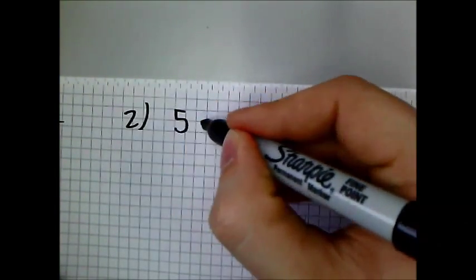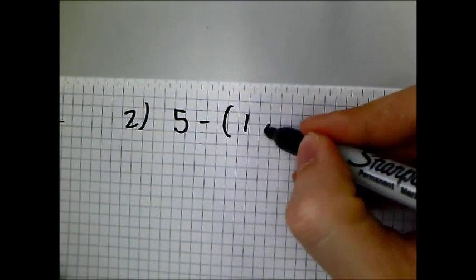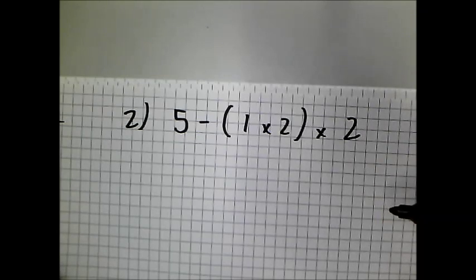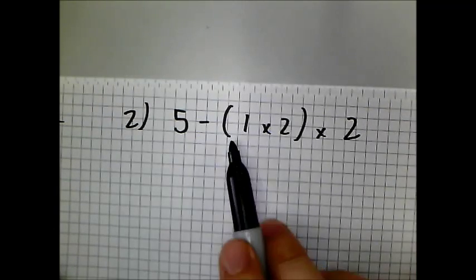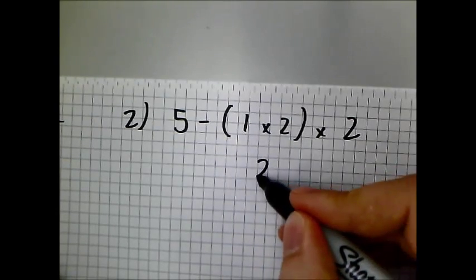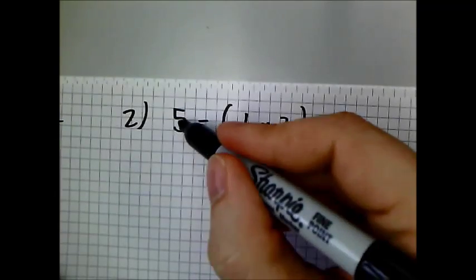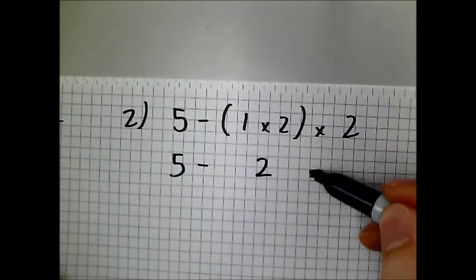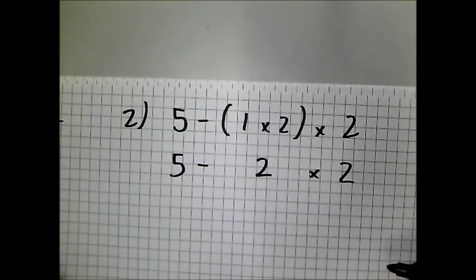Let's look at number 2. We are being asked to find 5 subtract bracket 1 multiplied by 2 close bracket multiplied by 2. First things first, I look for brackets and I solve them. So inside a bracket here, I've got 1 times 2. So that becomes 2, and everything else comes down. So I've got a 5, subtract, and a times 2.